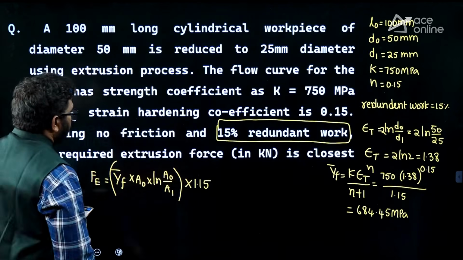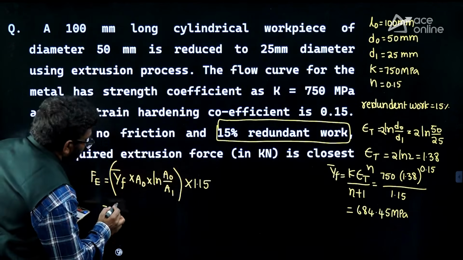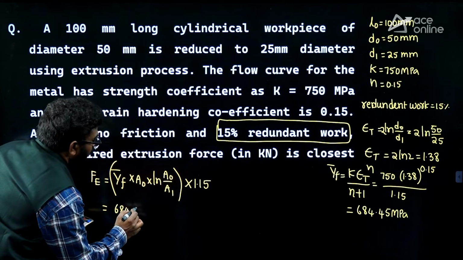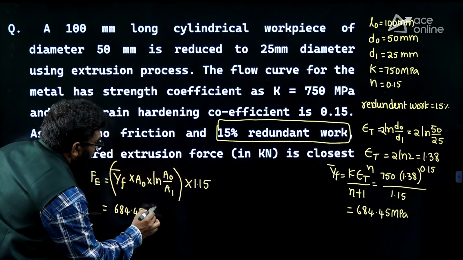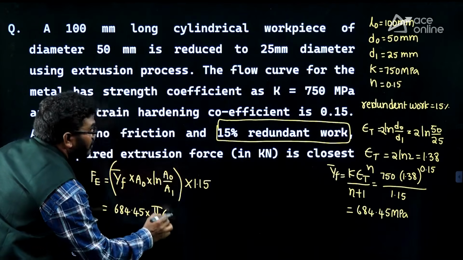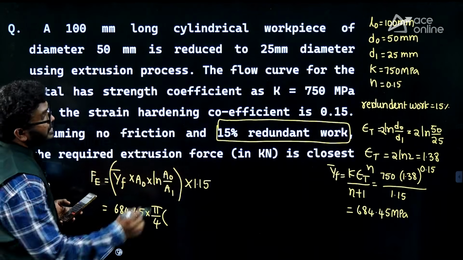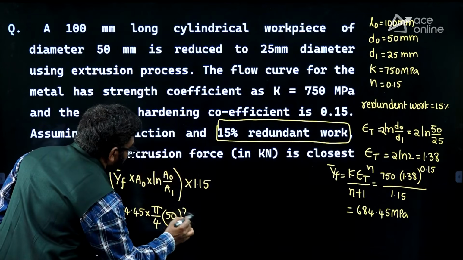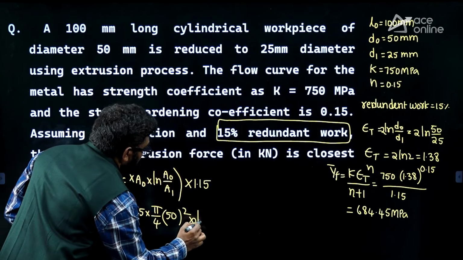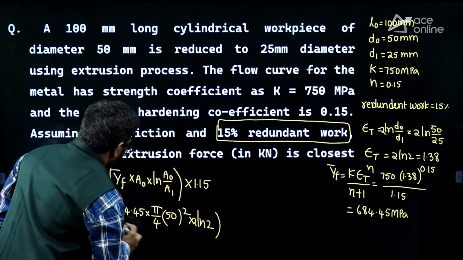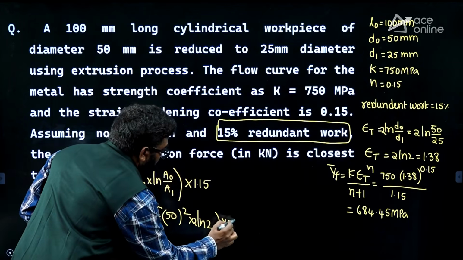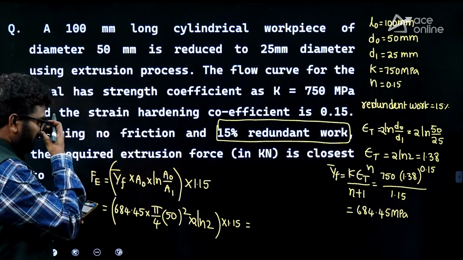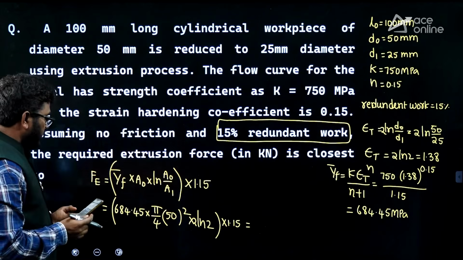Now, from this, listen, 684.45 into pi by 4 into D naught, 50 square, into 2 ln 2 into 1.15. So solve it, the complete equation.